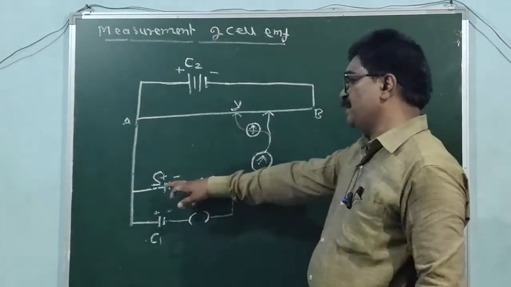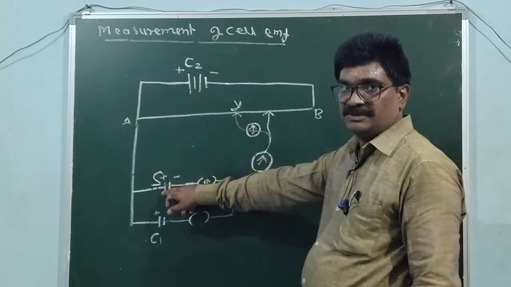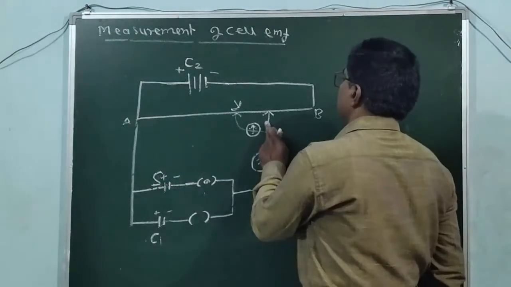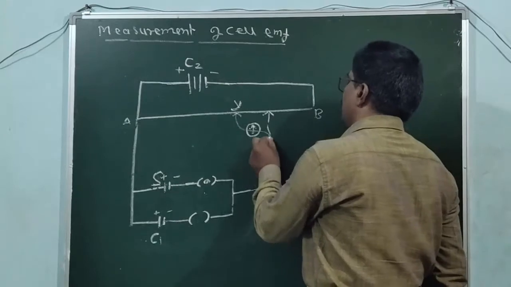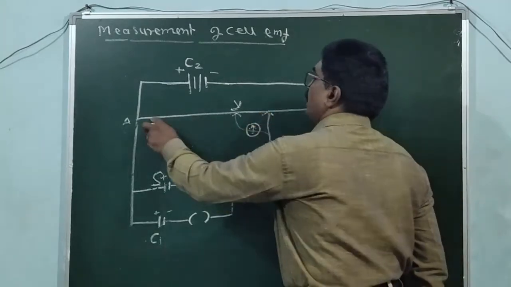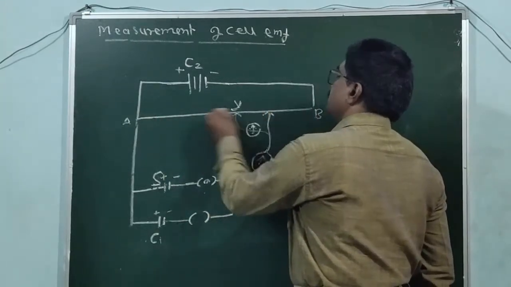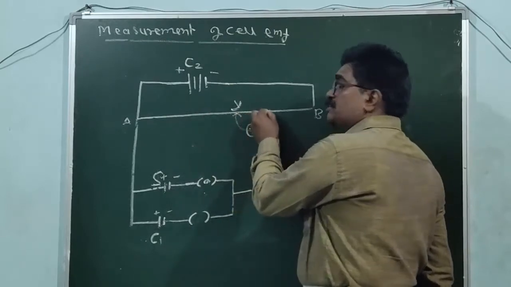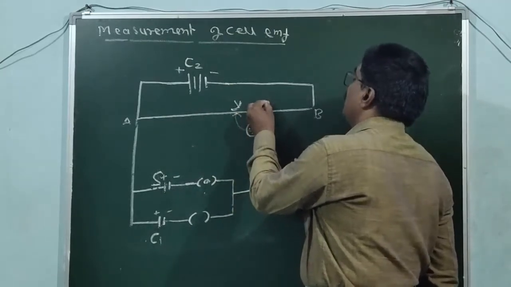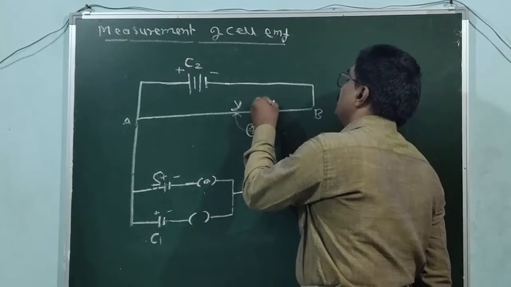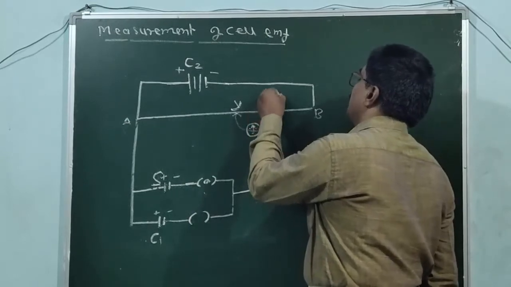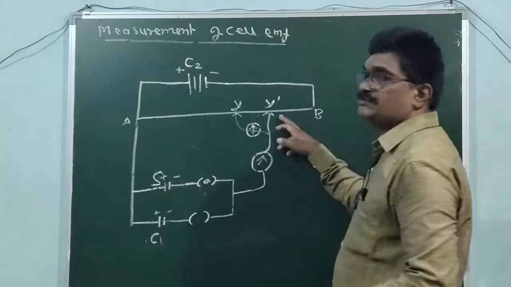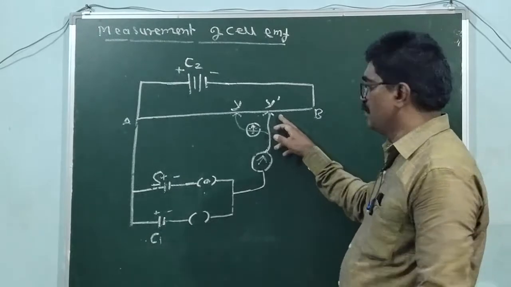Now the standard cell is taken into the circuit, and then again this jockey is slid over this nichrome wire and is slid to this point. Suppose the galvanometer shows no deflection, that is no current is flowing through the circuit.